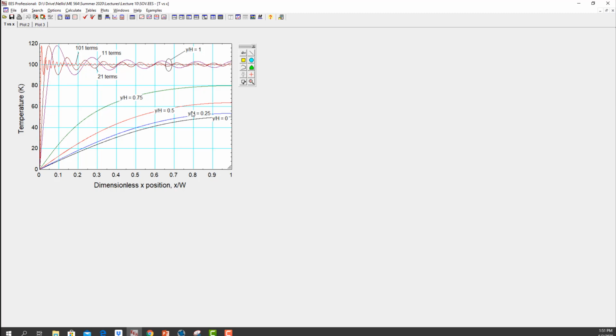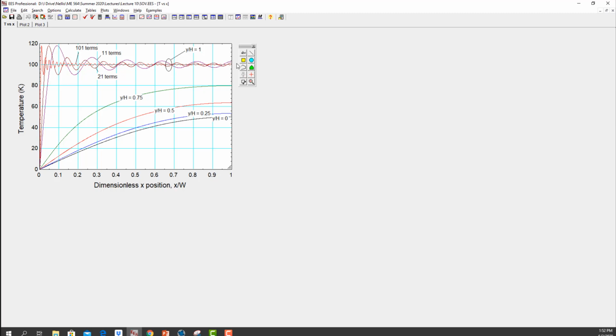You can see they're all pretty smooth actually until I get to this boundary condition here. This boundary condition, I actually need kind of a lot of terms to make it look even kind of reasonable, right? With 11 terms, you can see, there's kind of 11 sinusoids that I'm adding together, and those 11 sinusoids are doing their very best to try to make it look like a step function, which is that boundary condition.